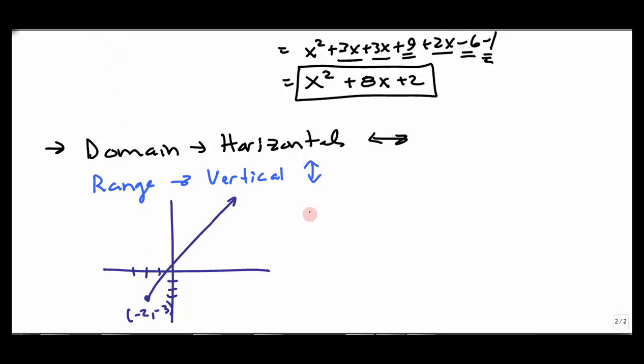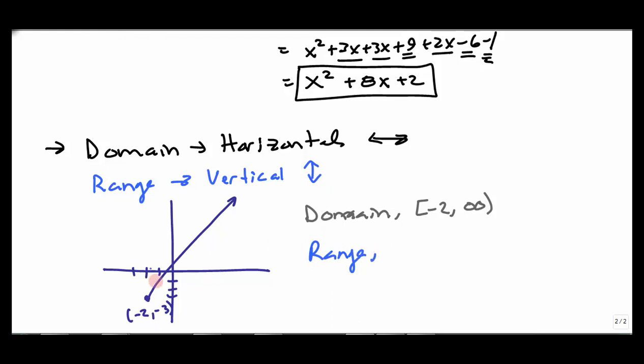Okay, so the domain here, again, is the horizontal. So if we look at this x value over here on the left, we can see that our graph starts at negative 2. And then my x values keep coming this way as my graph increases. And this arrow on the end means it goes on forever toward infinity. And then I can also talk about the range.